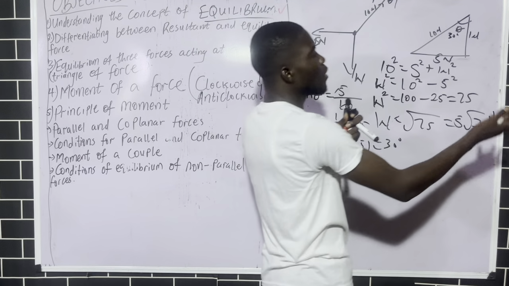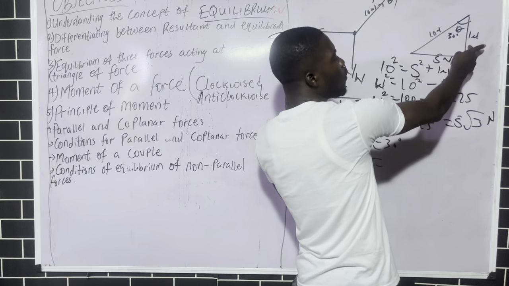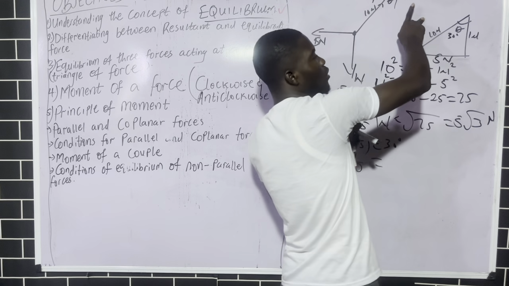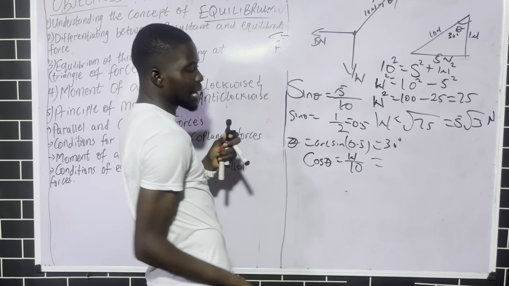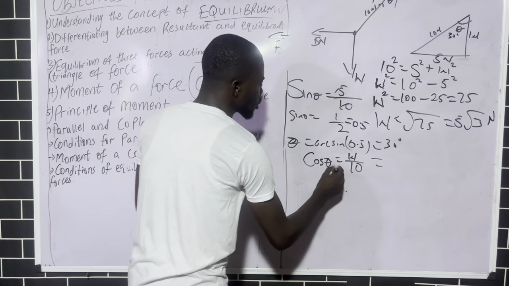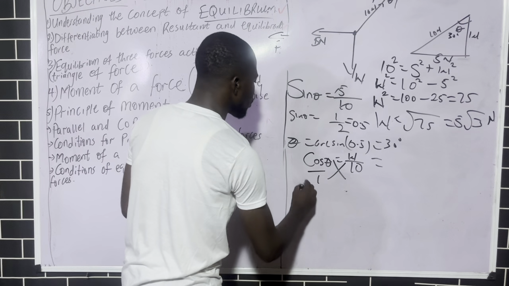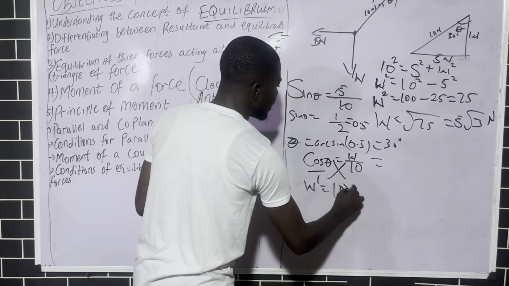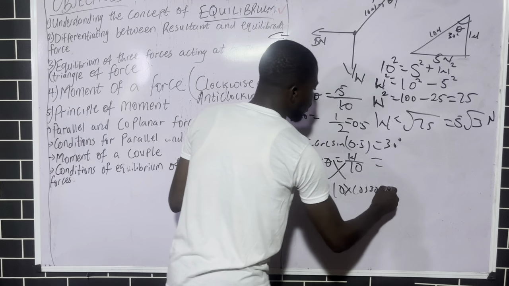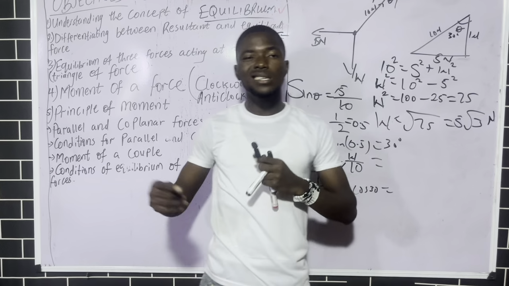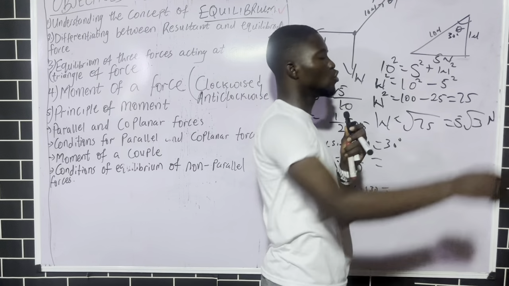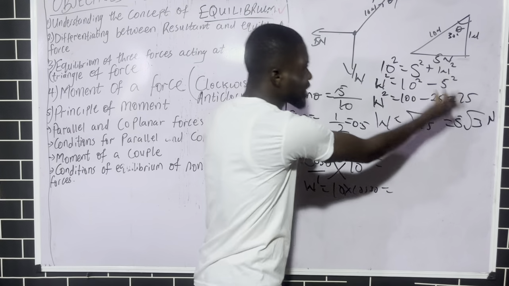So let's use SOHCAHTOA. Since I'm looking for W, adjacent over hypotenuse. Cross multiply. W will be equal to 10 times cos 30. Cos 30 is 0.866. If you multiply by 10, it gives you 8.66, and that's the same thing as 5 root 3.